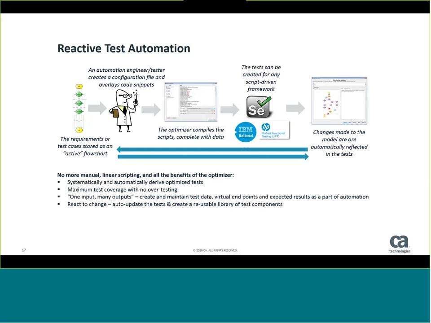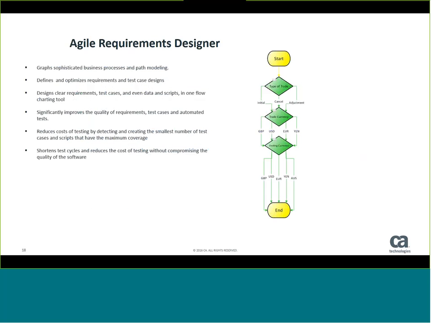And here you can see there is no more manual or linear scripting, because by you looking at the model and adding that given code snippet and generating Selenium, the script that was created can be driven through Selenium, and it reduces the number of errors that you can commit overall.